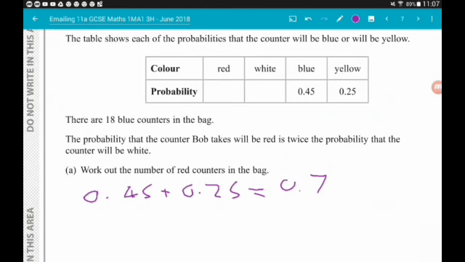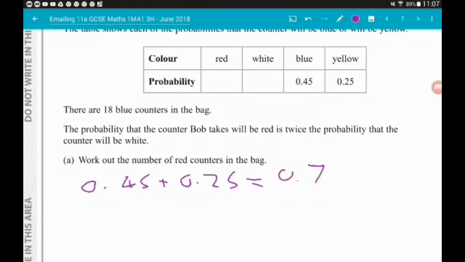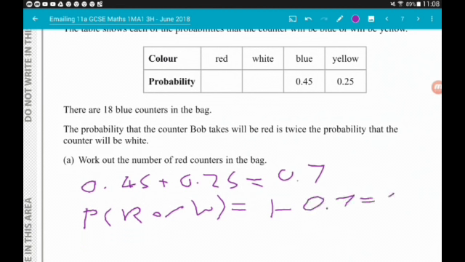Now, together then, the probability of red or white is 1 minus 0.7, which is 0.3. So, between red and white, they make up 0.3 of the total probability.